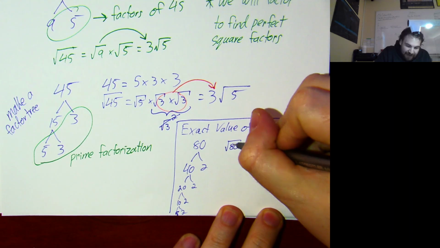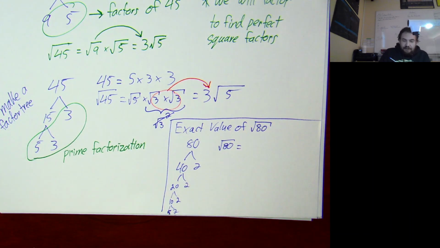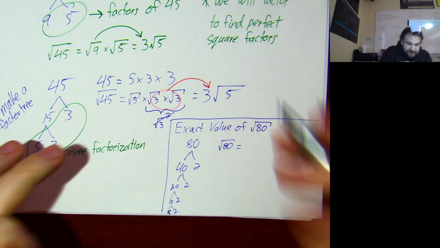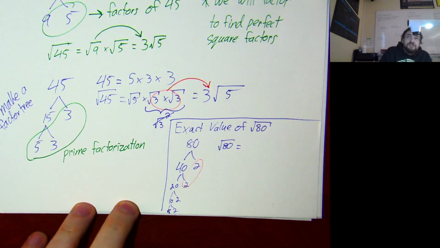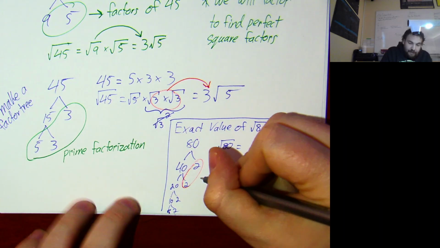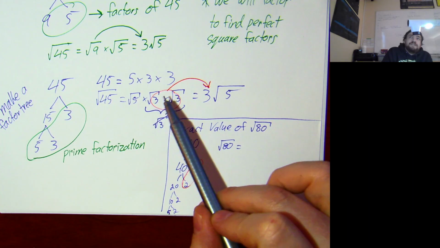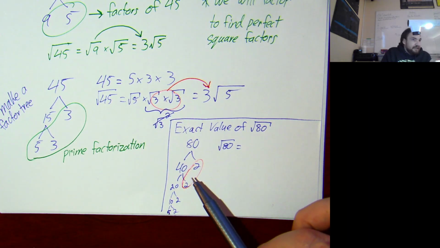The square root of 80, if we look at the factor tree for pairs of common factors, these two 2's, we're going to do the same thing here that we did with these root 3's. If I actually write it all out, it'll give me a root 2 times a root 2, which is a root 2 squared.